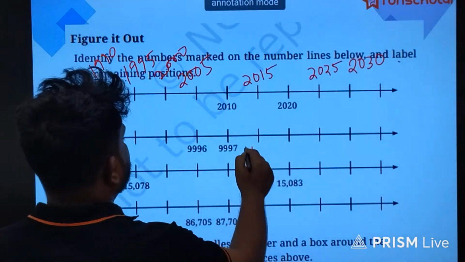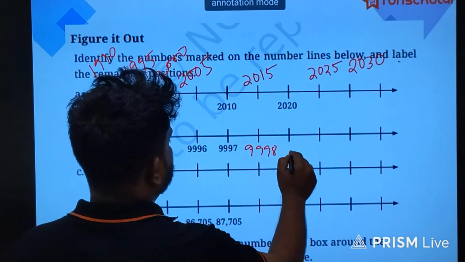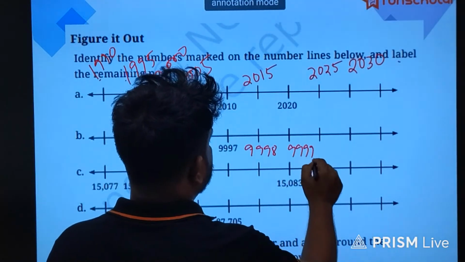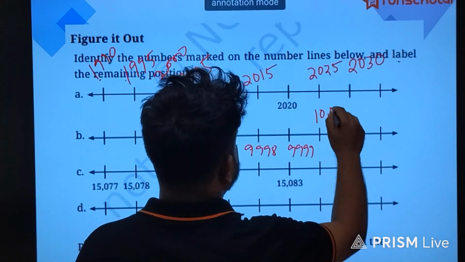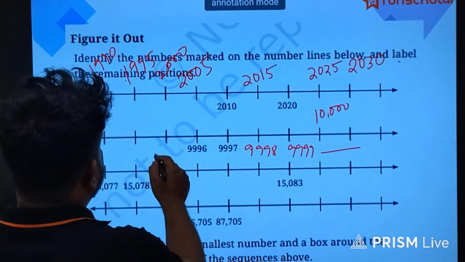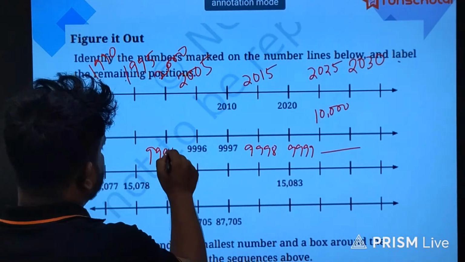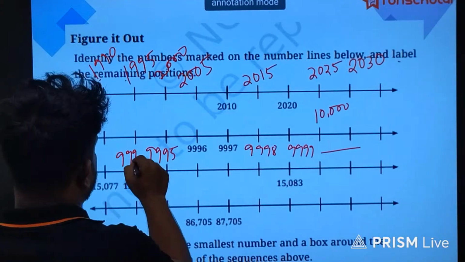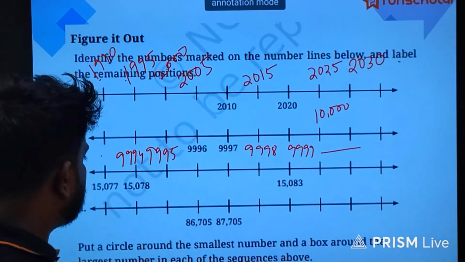Okay, for the next one, this one is pretty much easier. It will be 9998, then 9999, then 10,000, and it will go on. Same as the previous one, it will be 9995, then 9994 and so on.